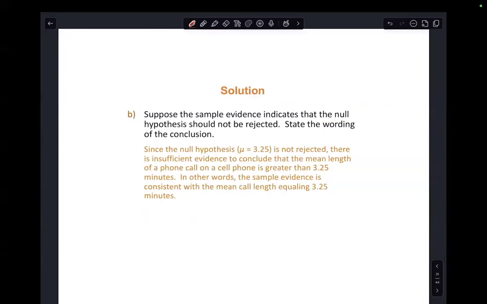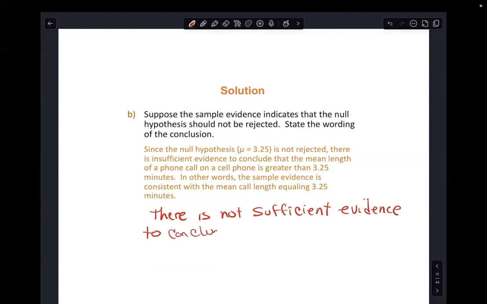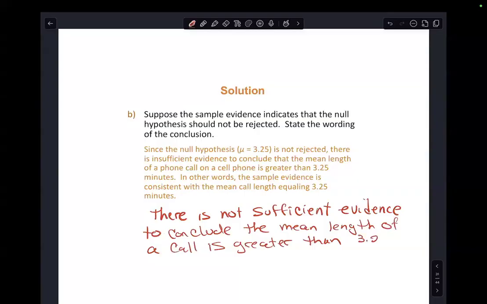So there is not sufficient evidence to conclude the mean length of a call is greater than, my handwriting's really bad, sorry, 3.25 minutes.